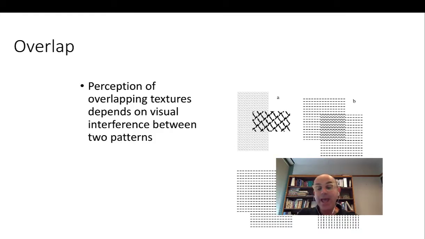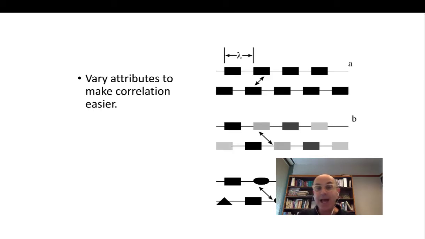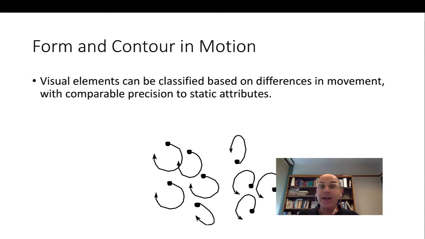Overlap is another way, and all those elements are important. Pattern in motion is another way for us to do that, and attributes of the motion are important. Form and contour in the motion is another way.